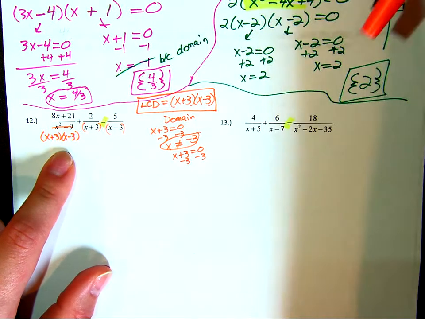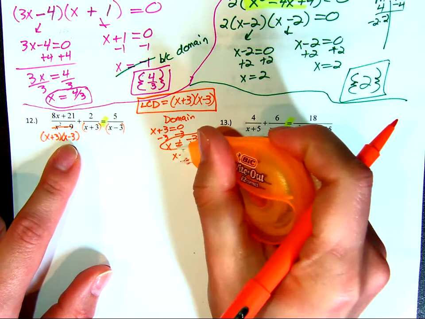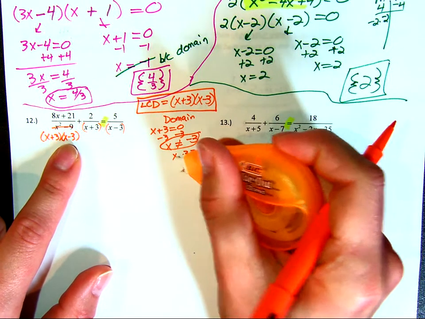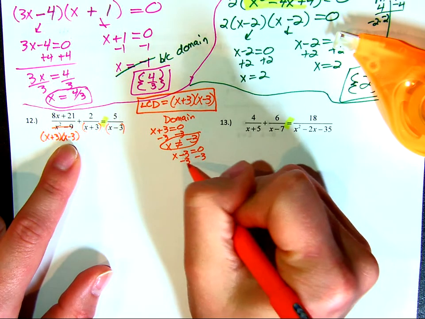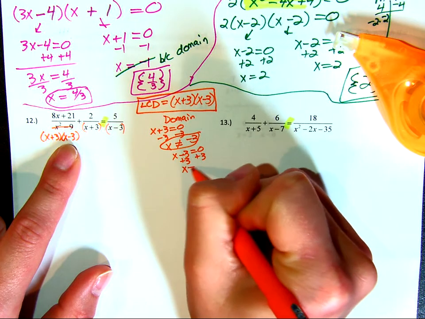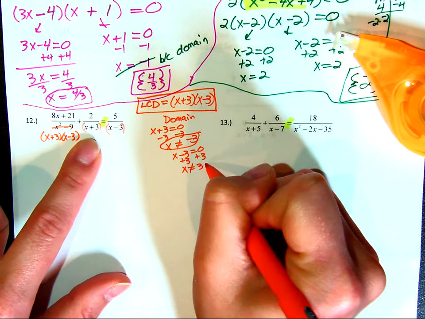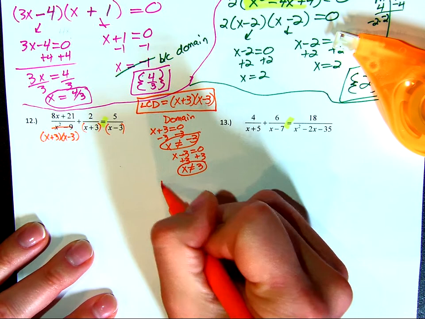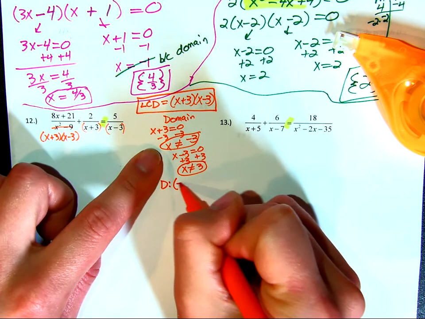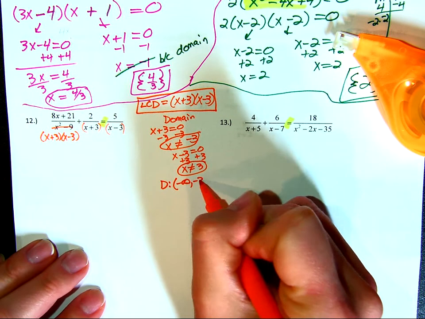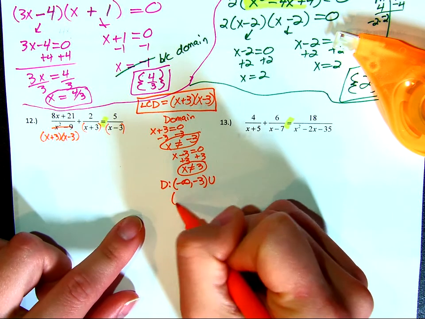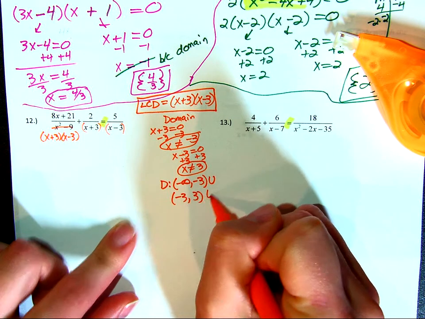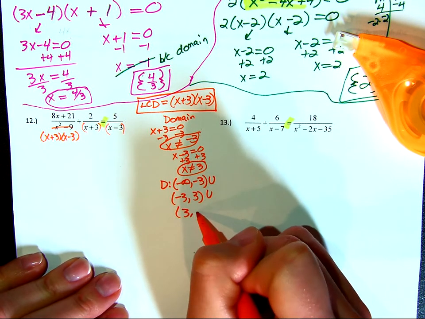So we have to do the x minus 3 one. x minus 3 means we'd add 3 to both sides, so x cannot equal 3. So my domain is everything from negative infinity to negative 3, unite it with everything from negative 3 to 3, unite it with everything from 3 to infinity.